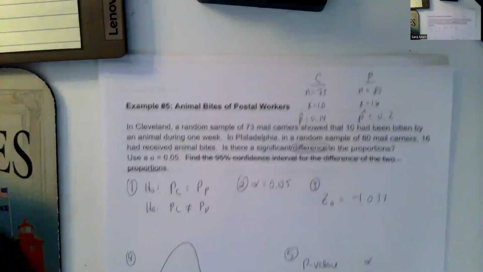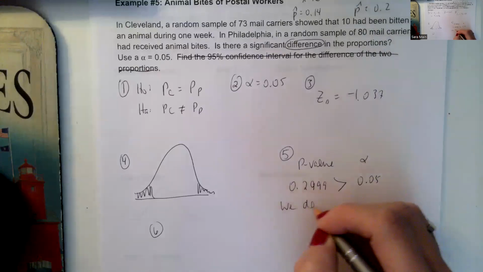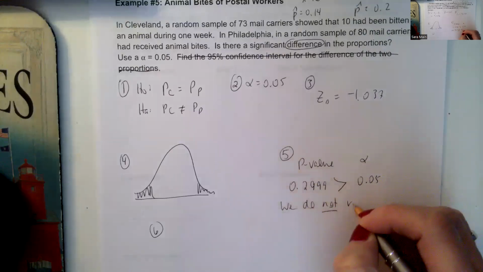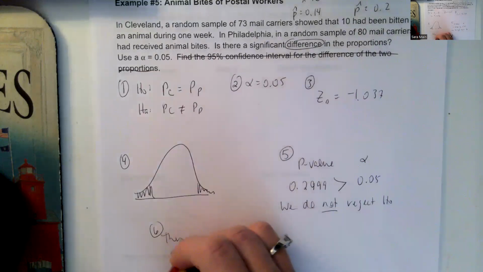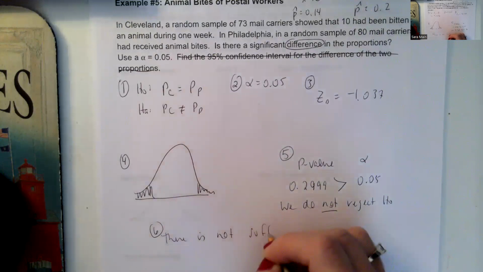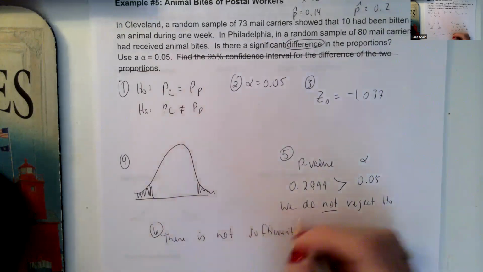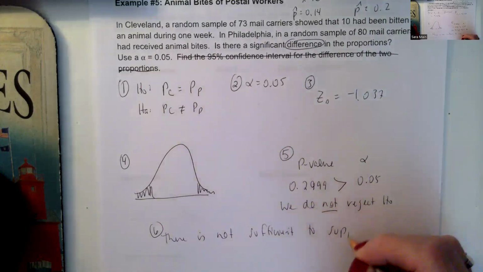Wrap this one up here. Our p-value is larger than alpha, so we do not reject H0. So there is not sufficient evidence to support the claim.